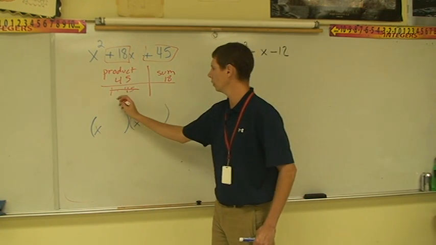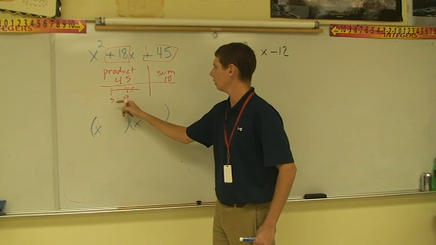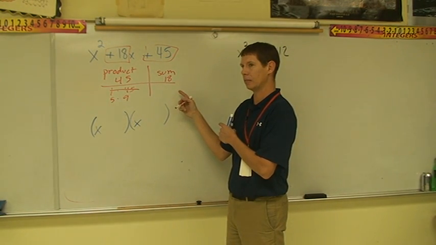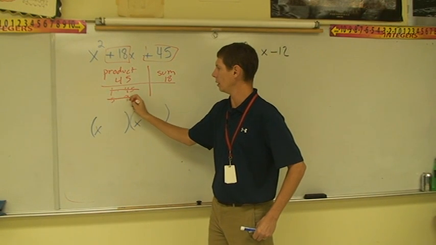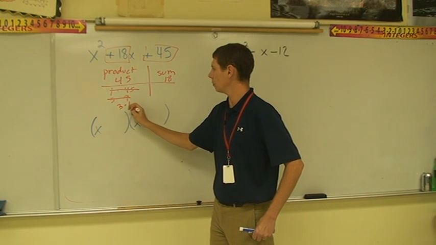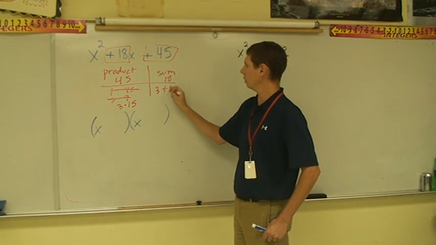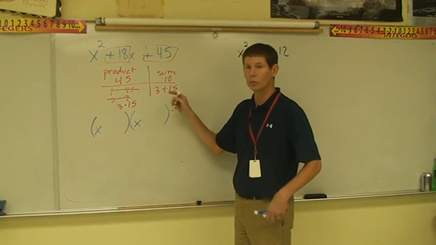Okay. What else? 5 times 9. Yeah, 5 times 9 is 45, but guess what? They don't add up to 18. And finally, you get to 3 times 15. And guess what? 3 plus 15 also equals 18. So those are your winners.